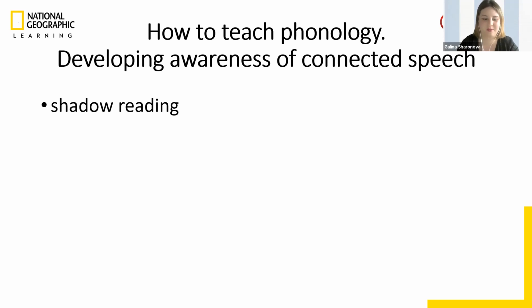If I explain it in a very simple way, it's when your students listen to a short extract from an audio, and they have a script in front of them. So they listen and repeat after the speaker, or they listen and read after the speaker, and they can be 1 second behind the speaker, or they can do it simultaneously.